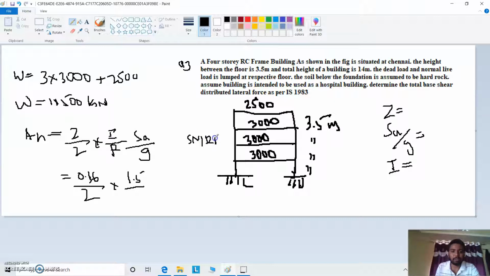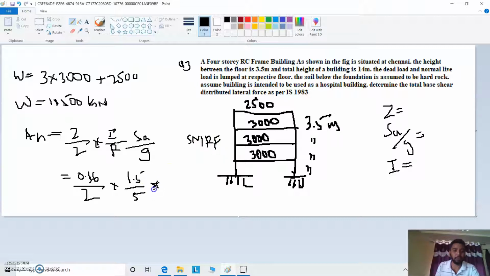Based on the importance factor we can consider SMRF or OMRF. Once it is located in 1.5 we can consider SMRF. If it is not located in importance factor 1.5, and it is 1, then you can consider either SMRF or OMRF. We should just mention the particular assumptions we have made on the structure.